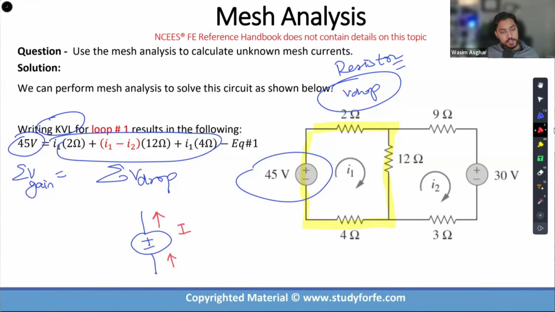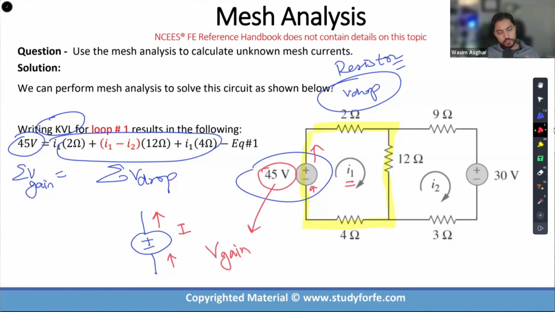You're going to see this distinction in this circuit in just 2 minutes. Current I1 is entering the negative terminal of the battery, leaving the positive terminal of the battery. So the 45 volt is going to qualify as a voltage gain.